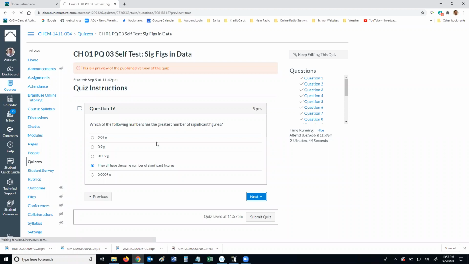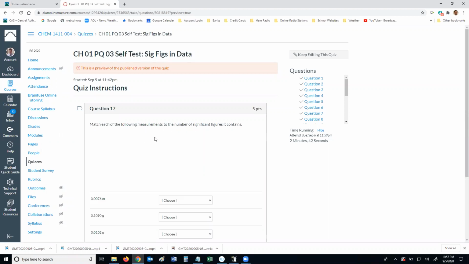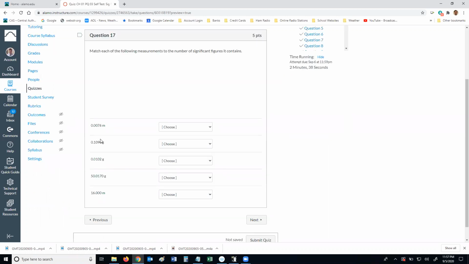Okay, number 17. Match each of the following measurements to the number of significant figures it contains. 0.0076. Okay, only the 7 and the 6 are going to be significant. That will have 2 significant figures. 0.1090 grams is going to have 4. Only the leading 0 is not significant. That has 4. 0.0102 grams has 3.